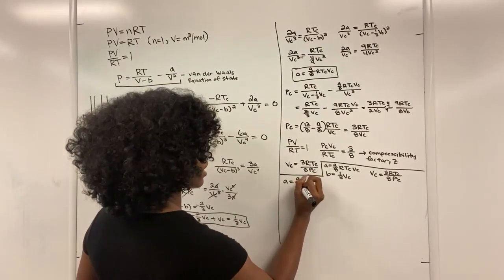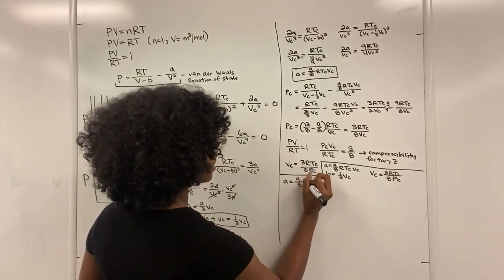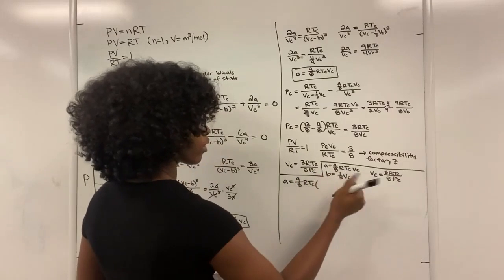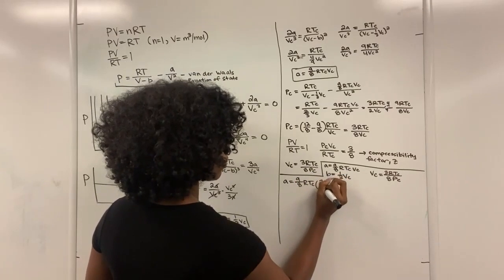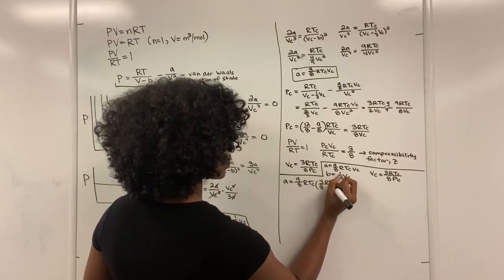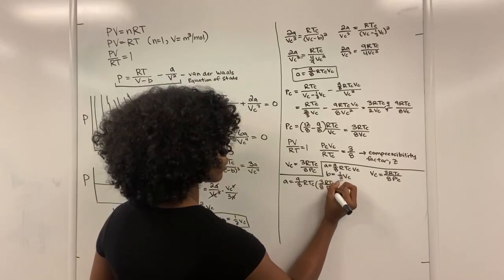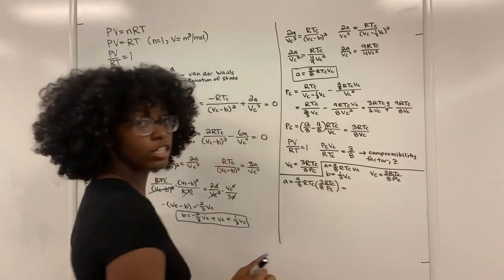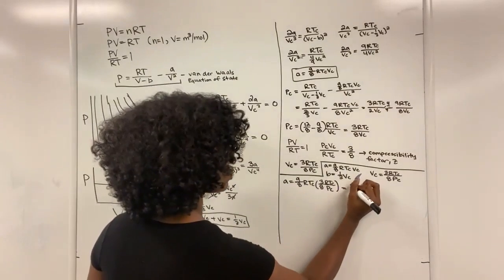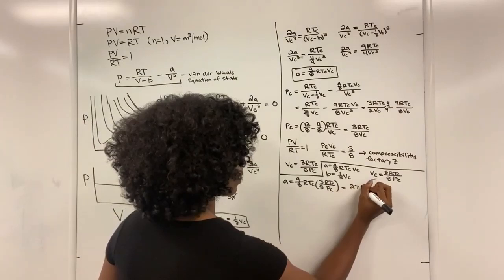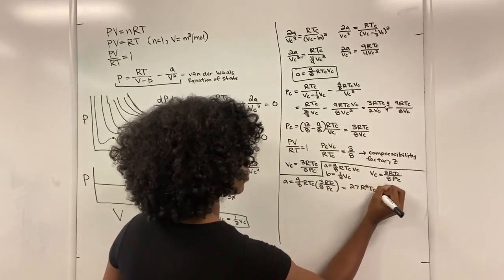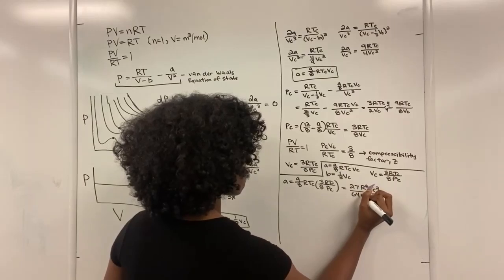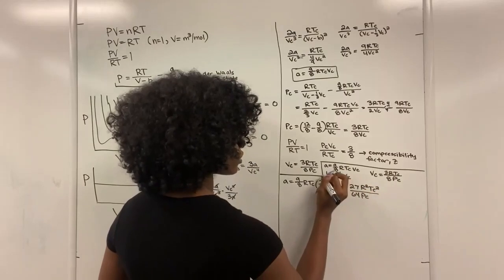So again, A is equal to 9/8 times R times the critical temperature times the critical volume, which is 3/8 R times the critical temperature divided by the critical pressure, so that our A term is really equal to 27 times R squared times the critical temperature squared divided by 64 times the critical pressure.